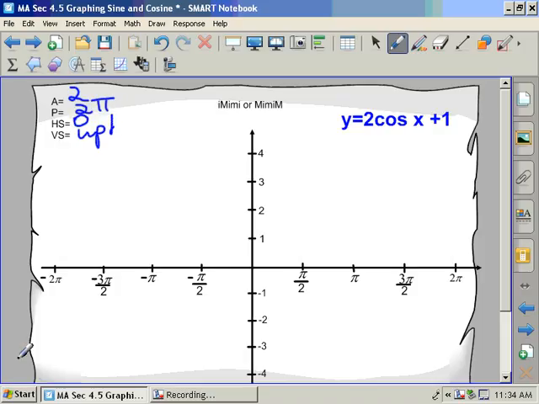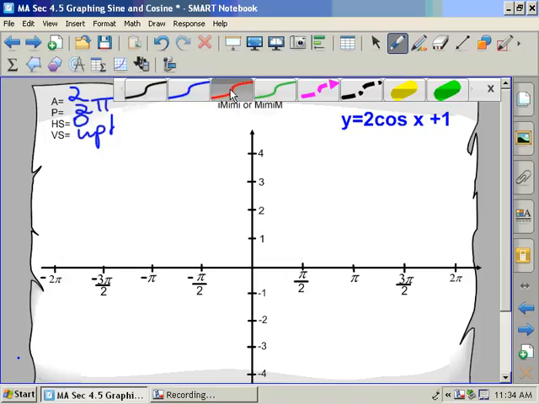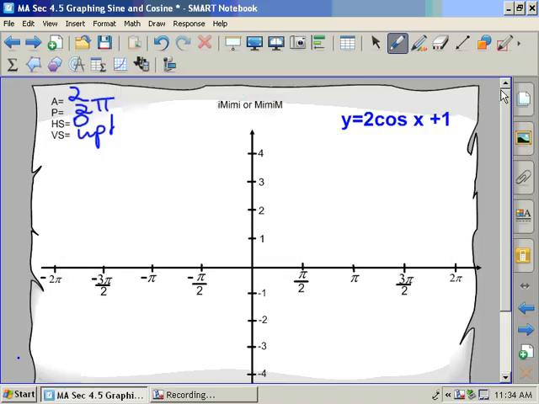Okay, there's our numbers. Do we move left or right any? No. Our phase is from the y-axis all the way to 2 pi, so that's our normal one, so I don't have to draw any more lines. But then our vertical shift is up 1. So essentially, the midline moves up. So the x-axis moves up.